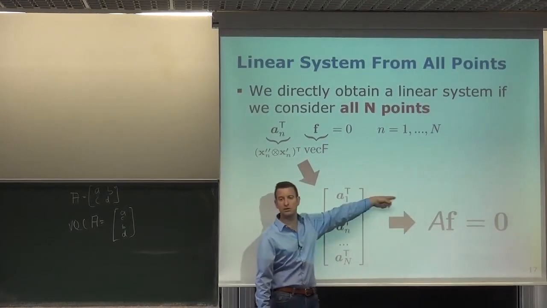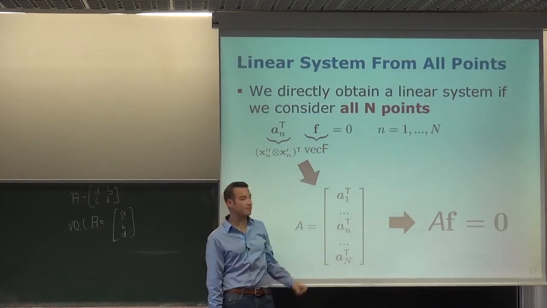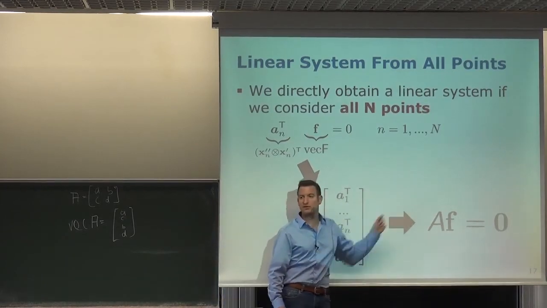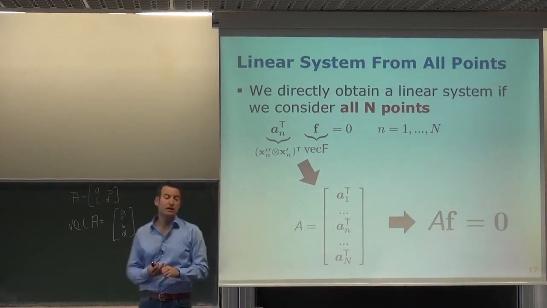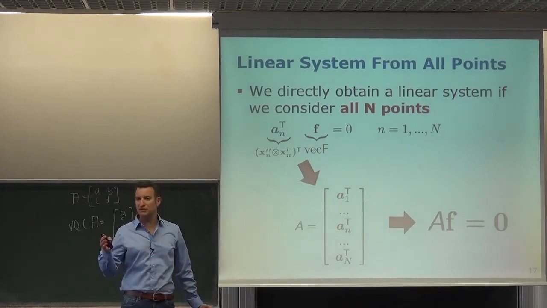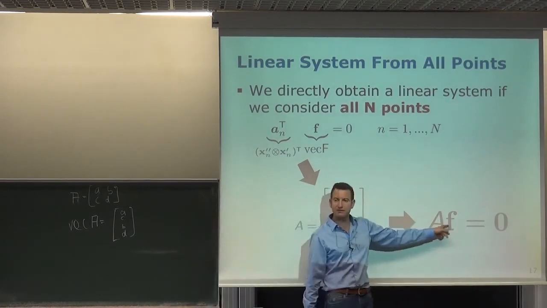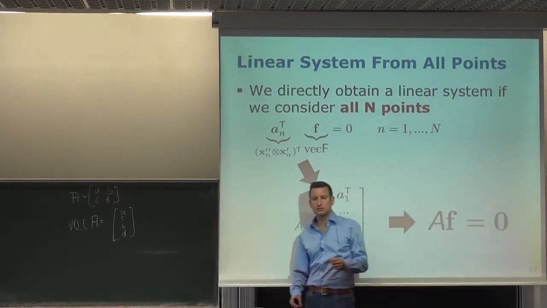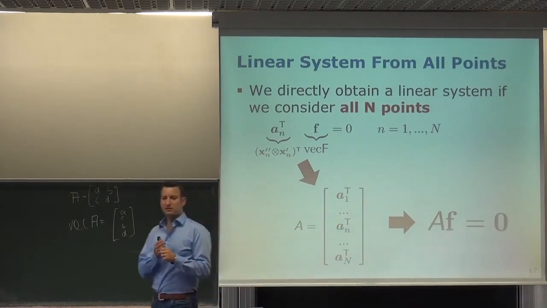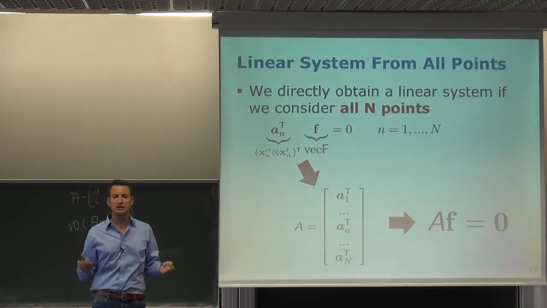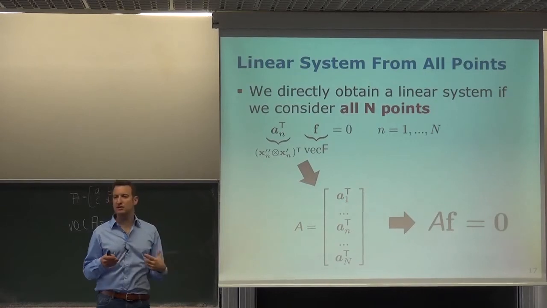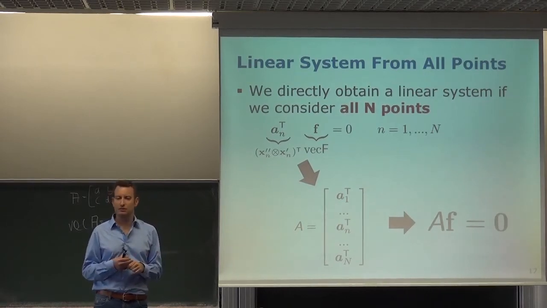The first row corresponds to the first pair of corresponding points. The second row corresponds to the second pair of corresponding points. And I now build up a matrix. And if I multiply this matrix with my vector f, this should be 0. So it's just a concatenation of the coplanarity constraint for all points.